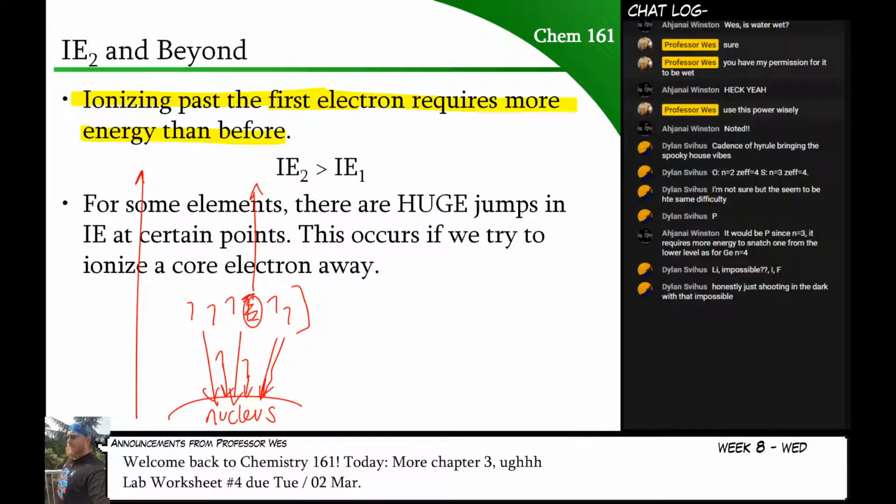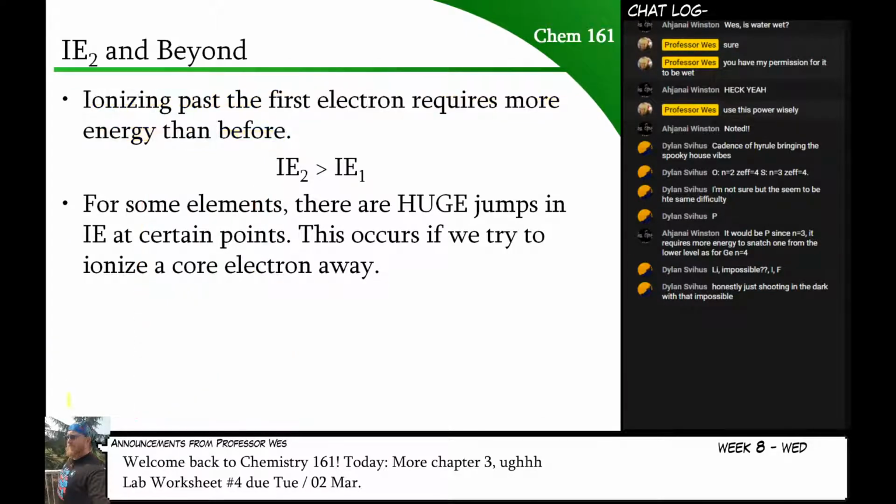But what would happen, and I'm going to erase my diagram here. If I'm ionizing something, here's my nucleus. And so I have this electron up here, and then I have my other electrons over here.